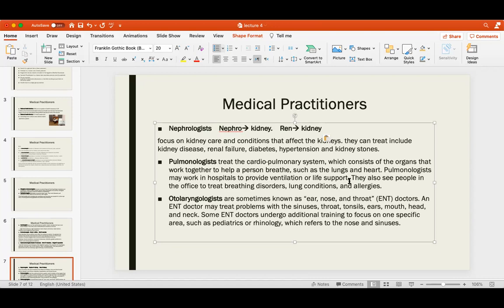Pulmonologists may work in hospital to provide ventilation or life support. They also see people in the office to treat breathing disorders, lung conditions, and allergies.